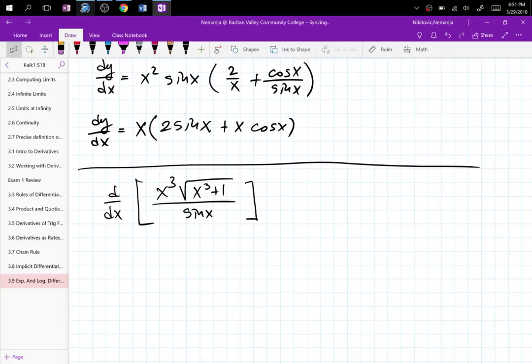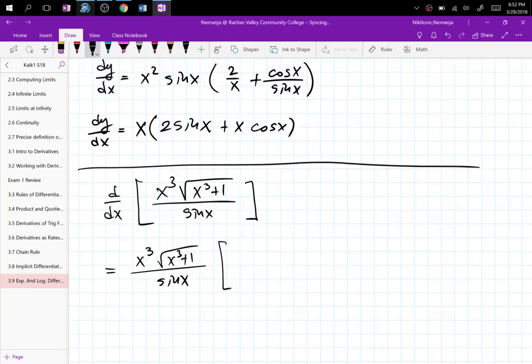What you are learning as a pattern is that you are copying the function as is, in the parentheses. So you copy the function as is, which is x cubed times square root of x cubed plus 1 over sine x. And then over here in the parenthesis is the stuff that you get from the expansion.